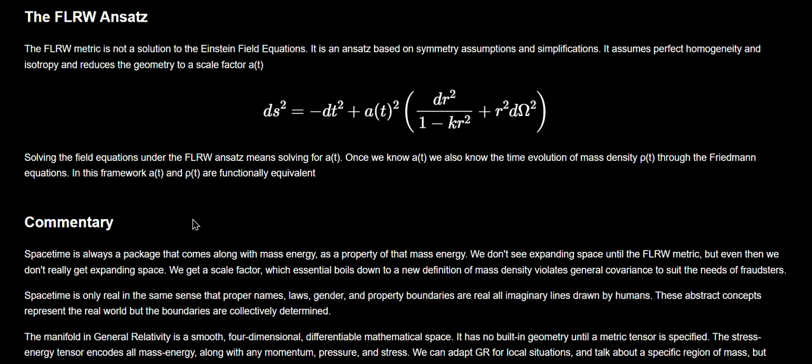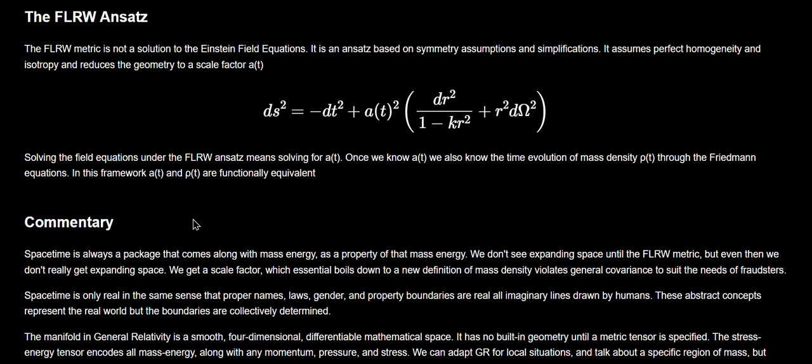Now, there are two problems here. The assumption of homogeneity is one of the biggest, most glaring, obvious problems. But then there's this idea that the metric can expand. And this is another nonsensical claim.